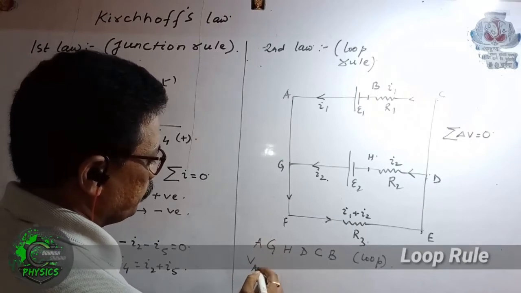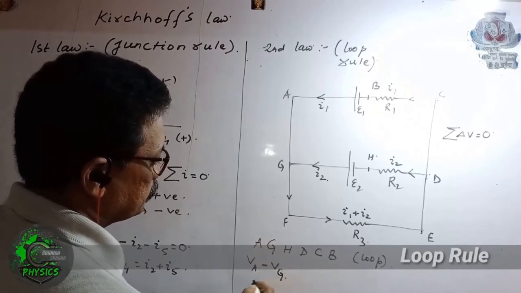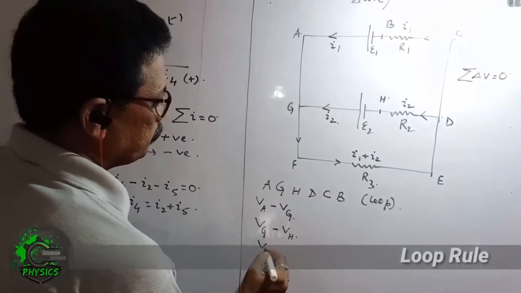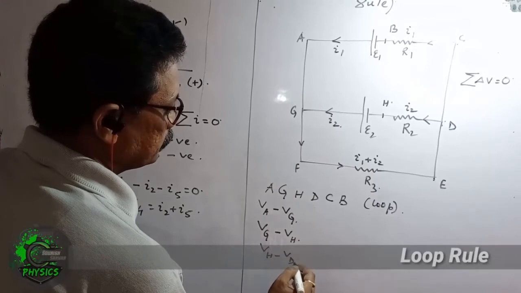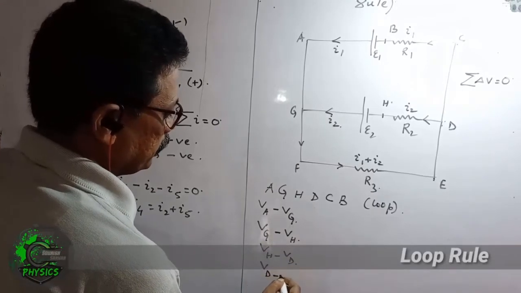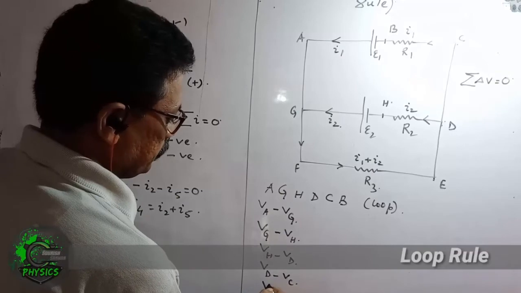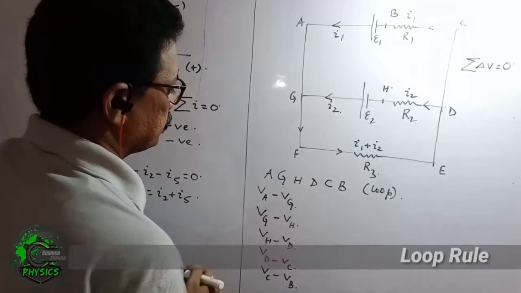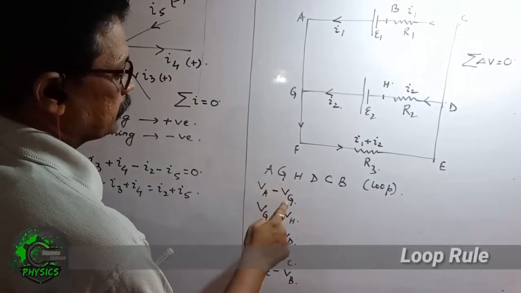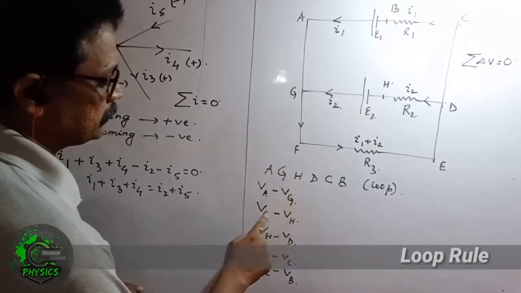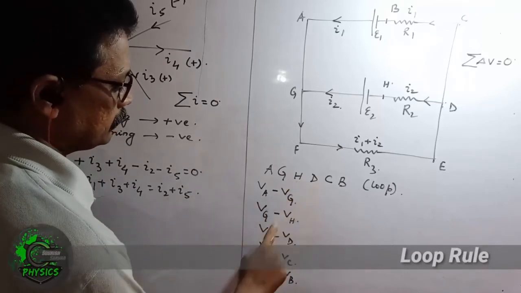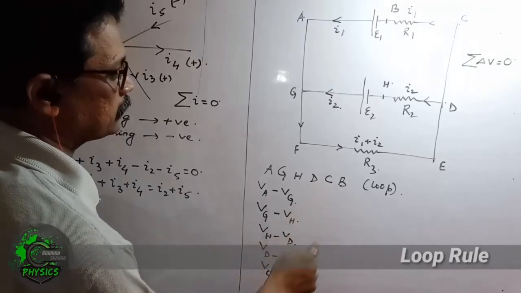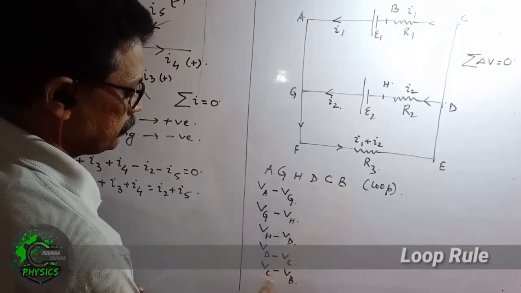For example, VA minus VG, then VG minus VH, then VH minus VD, then VD minus VC, then VC minus VB. You can take the decision by taking these points. AG, so VA minus VG, next GH, so VG minus VH, next HD, so VH minus VD, next DC, so VD minus VC, next CB, so VC minus VB.